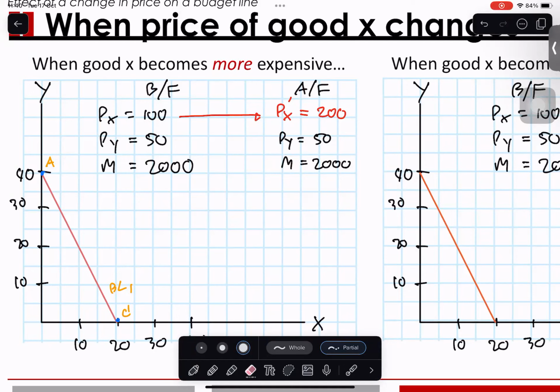How many pizzas can he buy now then? How do you get this number? 10? 2,000 divided by the new price of pizza. Right now, 2,000 can afford only 10 slices when the price jumps to 200. Where is this basket then? Here.